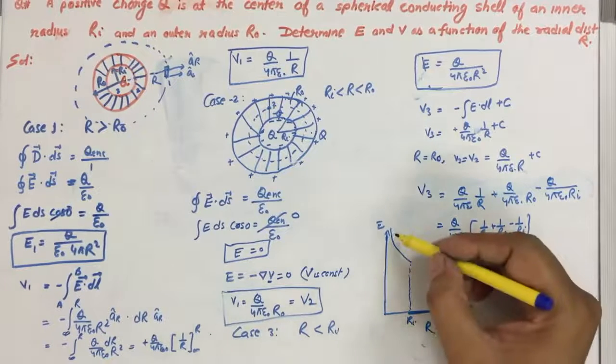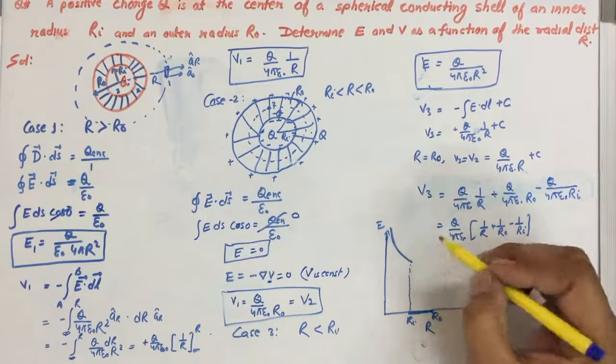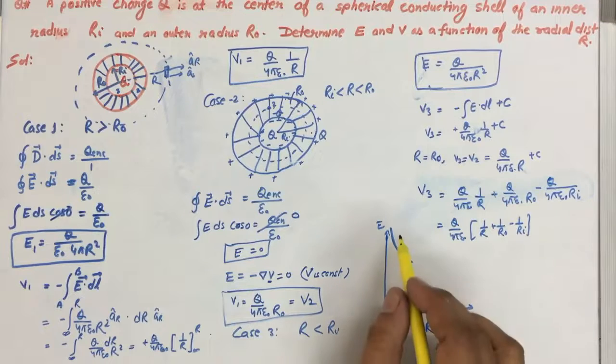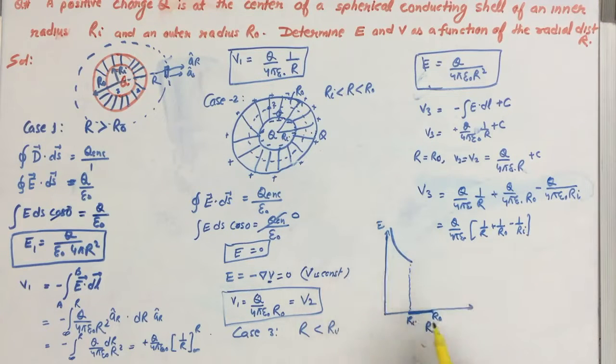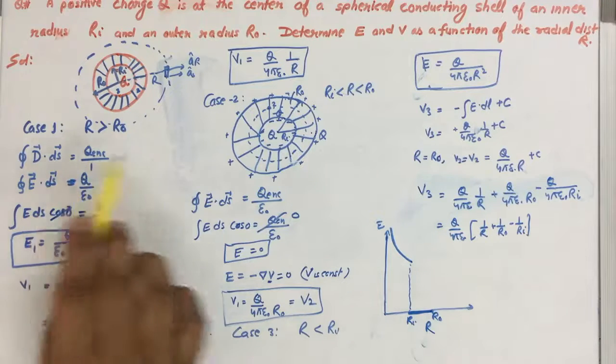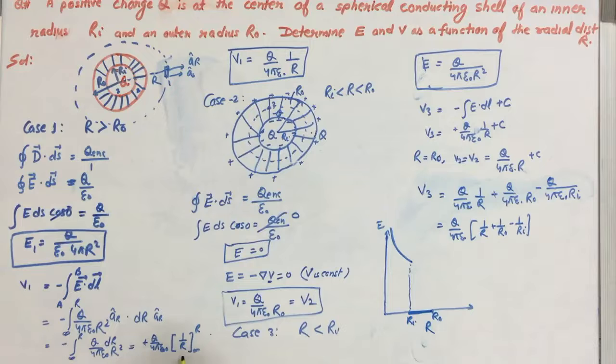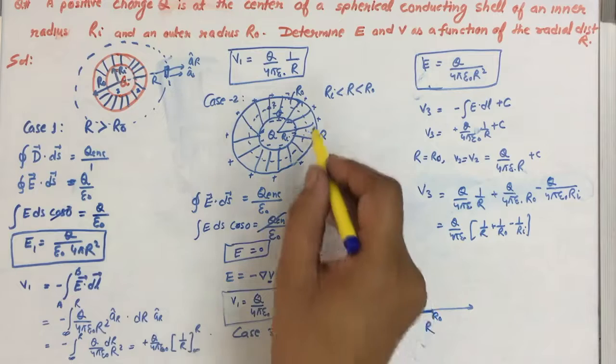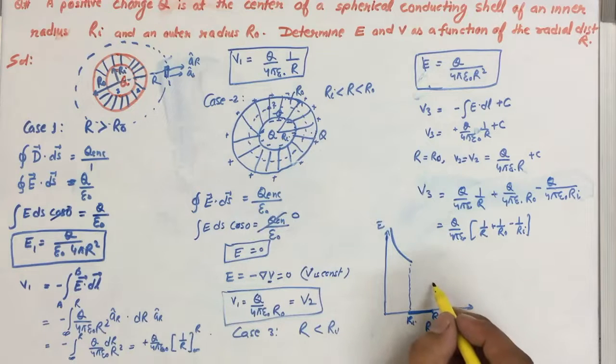So from 0 to ri, E follows inversely proportional to r square, and from this point to this, it is 0, and onward it again starts. Onward means r is greater than r naught, it is inversely proportional to r square. So this r is more than this, so the value will be somewhat here, and onward it will follow further inverse square.